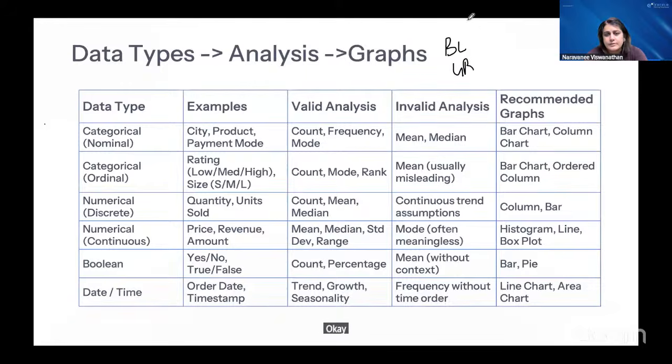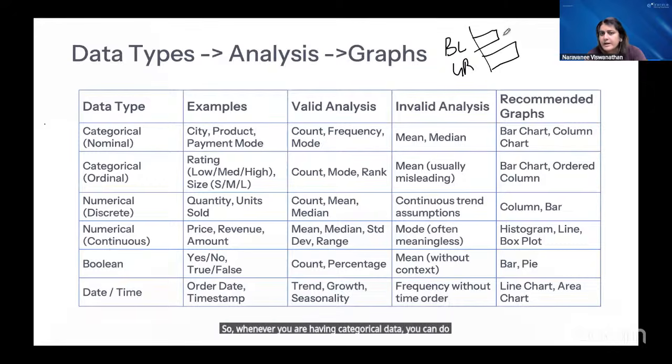To understand it, you just do a frequency table, right? Whenever you have categorical data, you can do a bar graph. I can also put this graph like this: this is black ball, this is green ball, correct?